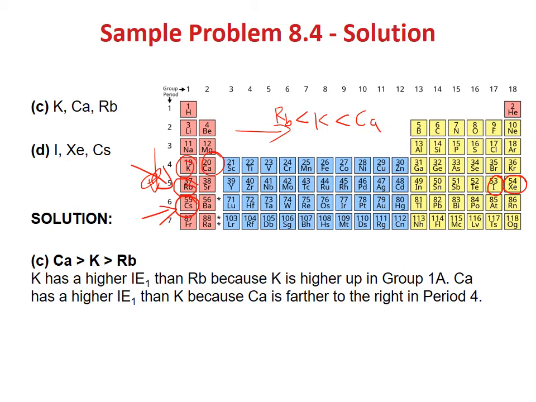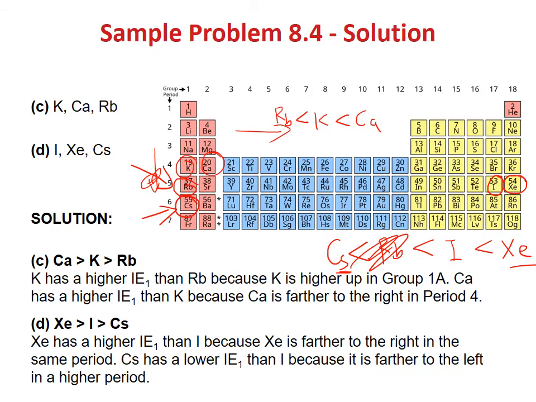Across a period, the ionization energy increases, so rubidium should be smaller than iodine, which should be smaller than xenon. Down a group, ionization energy decreases, so rubidium should be greater than cesium. Therefore you can see cesium is the smallest, and xenon is the largest.